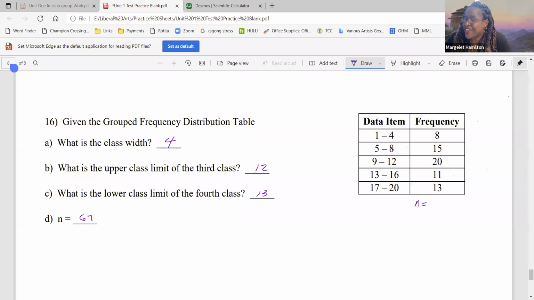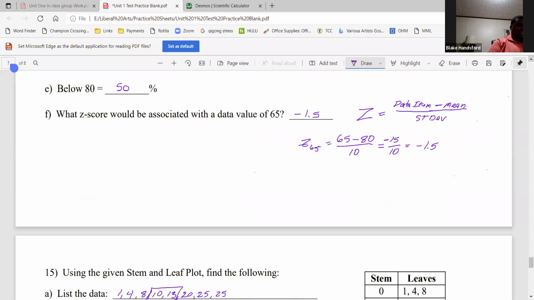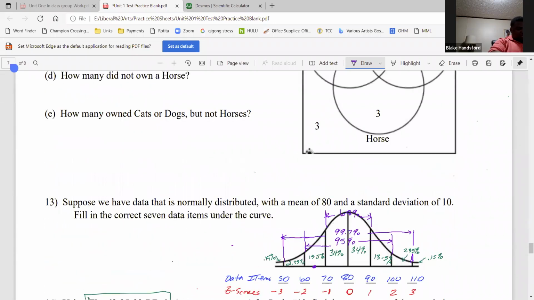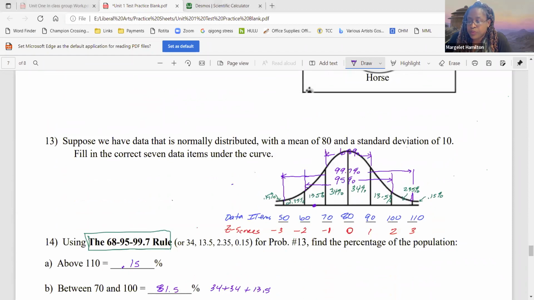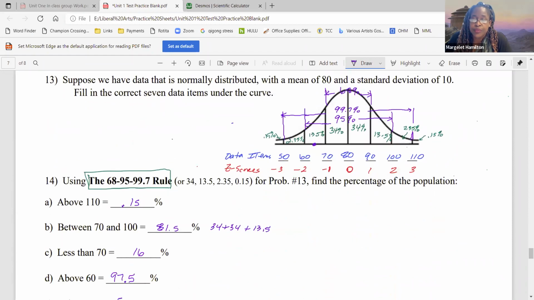I need to see number 13. For sample 1. Number 13, for sample 1.